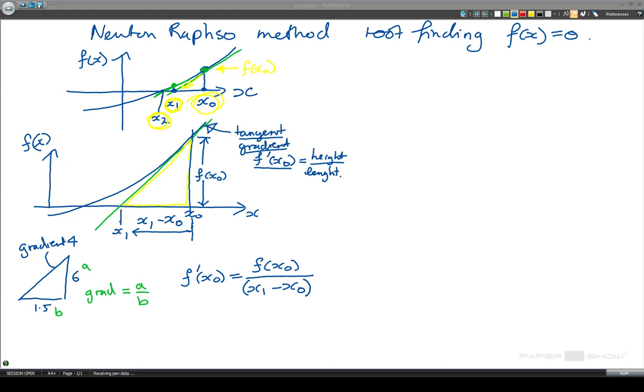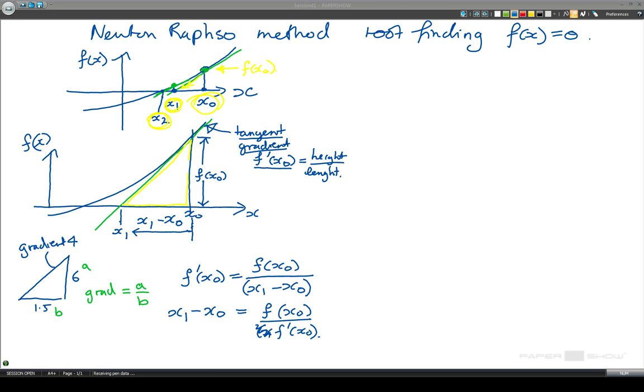So the x1 minus x0 we're going to take to the top, so what we can rearrange that to is x1 minus x0 equals f of x0 all over f prime of x0.